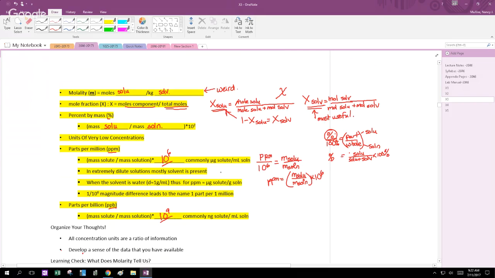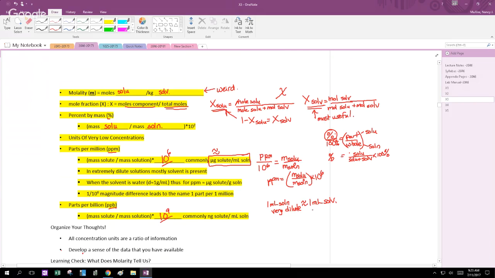Now, very commonly, you will see this as a substitute. This is approximately the same. So let's talk a little bit about why that is the case. If I have a 1 milliliter solution and it is very dilute, then I can say it's essentially the same as 1 ml of the solvent.